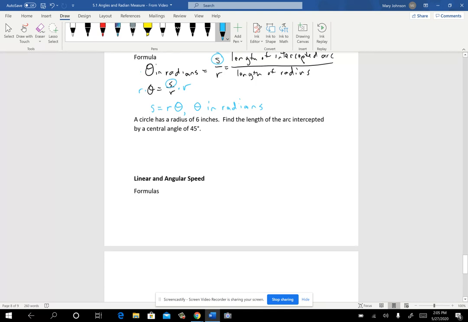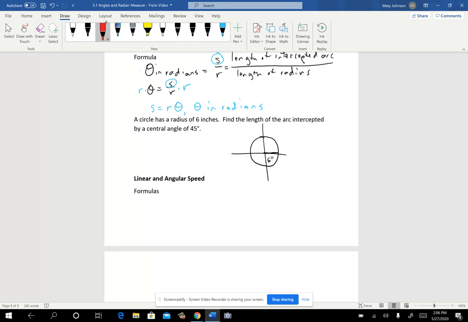So first I want you to kind of have the picture in your mind. So here we have a circle, not a great circle, but I'm not going to redraw it. It has a radius of 6 inches, which means this right here is 6 inches. And then we want the length of the arc intercepted by a central angle of 45 degrees.